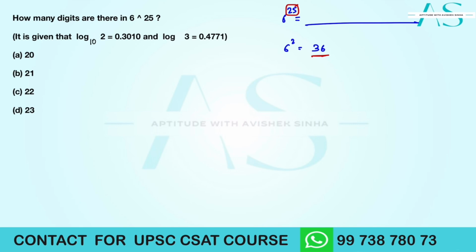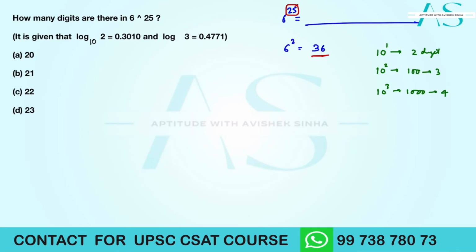I don't know. But if this question was with a base 10, then this becomes very easy for me. For example, 10^1, we know it will have 2 digits. 10^2, which is 100, will have 3 digits. 10^3 is actually 1000, which will have 4 digits.